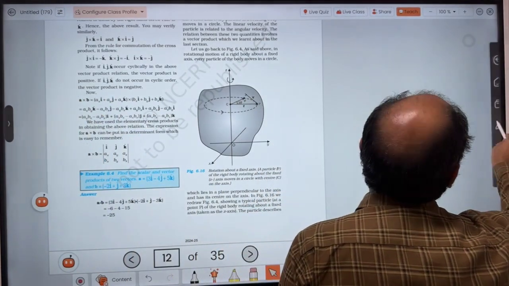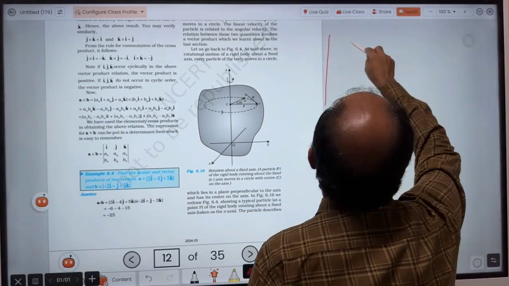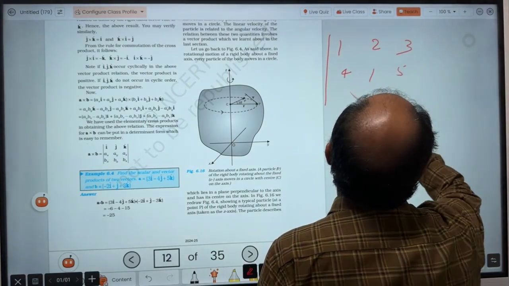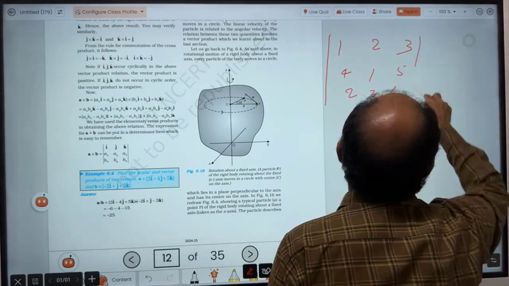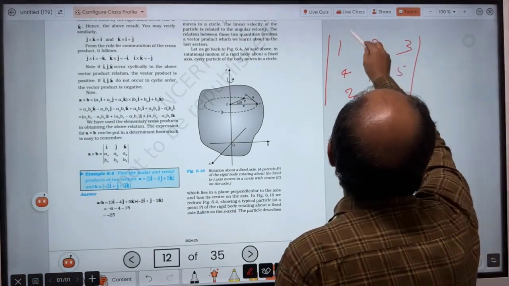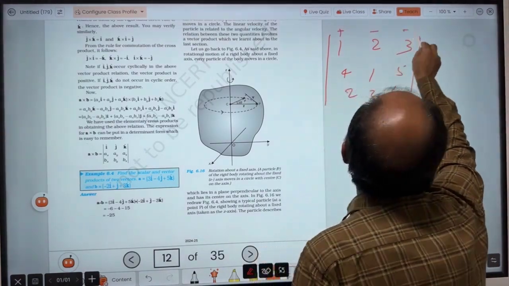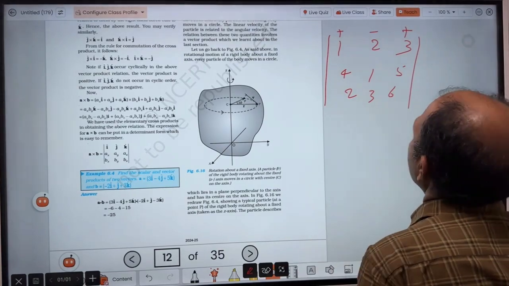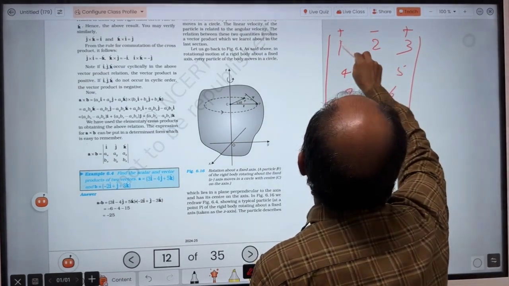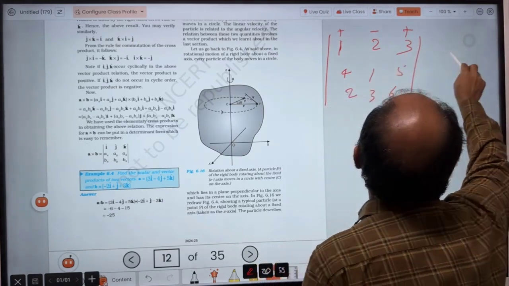3 cross 3. 3 cross 3 means here, suppose 1, 2, 3, 4, 1, 5, 2, 3, 6 we are going to take. In that case, what you do, here you have to consider this is positive, this is negative, this is positive. Why? The reason I have explained to you in the beginning also, you can check the position. This is A11.